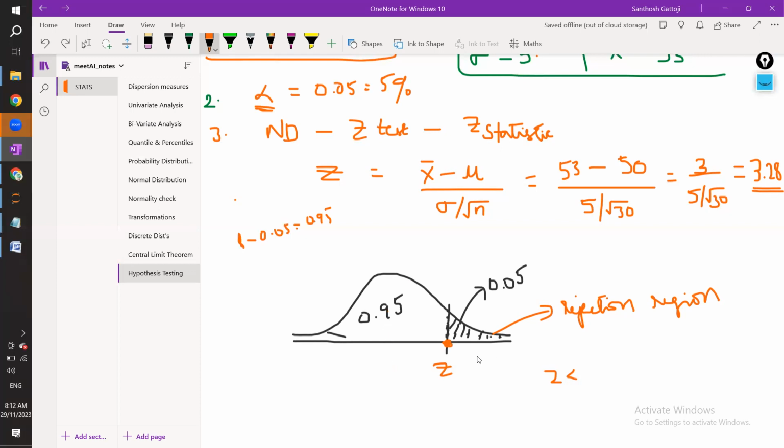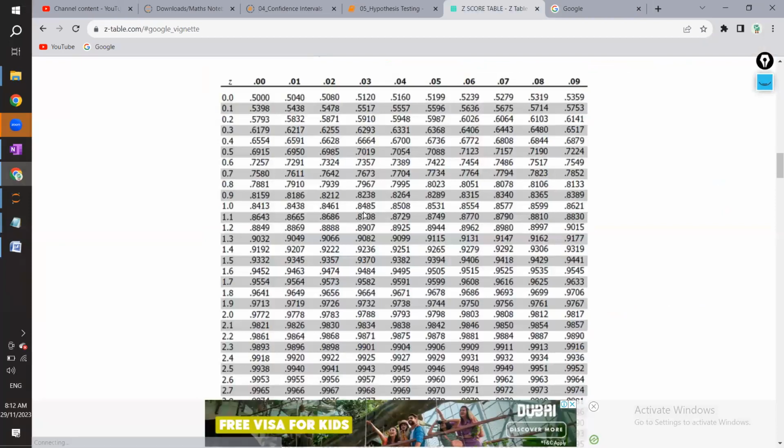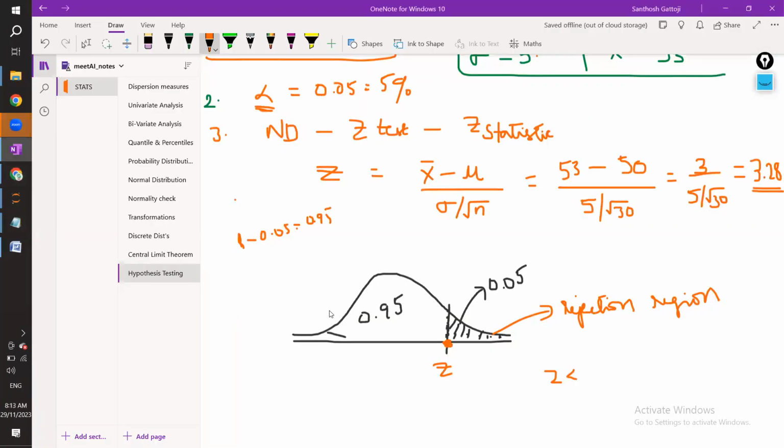So now we understood that alpha is 0.05 and the area is 0.95. So we want to find out which particular value is giving this 0.95 area. Further, we need to go to the Z table. What was the area? 0.95.